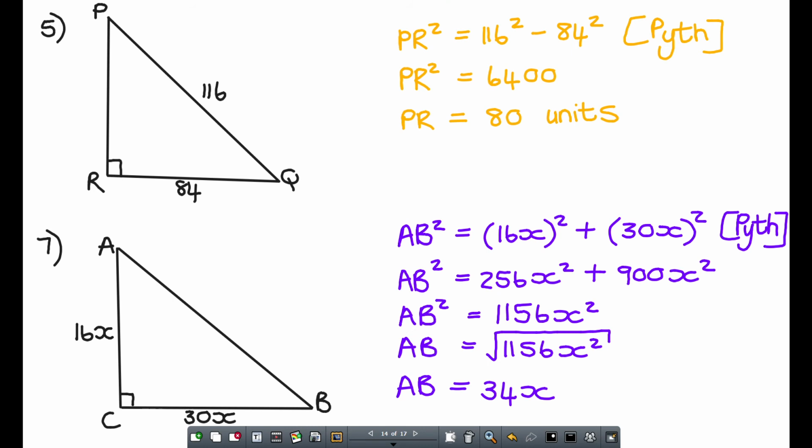At number 5, it says in triangle PQR, R is 90. Okay, we've got that over here. Then they said PQ is 116. That was straightforward. But the next part, small p is equal to 84. Now, you first had to go and figure out where is small p.